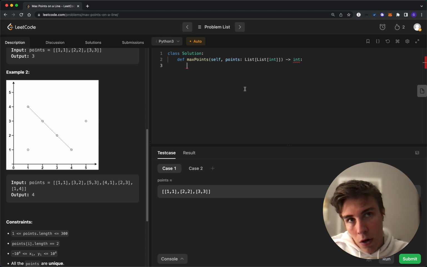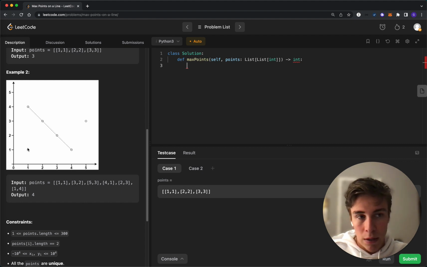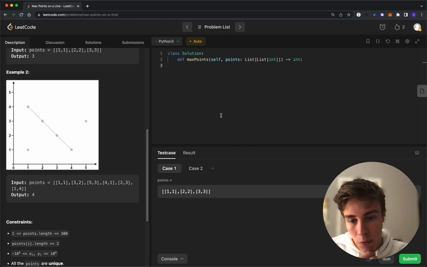The other sort of solution, well, I don't really know. Maybe this could be a sort of graph problem where each point is a node and the edge between those two nodes is this value, the slope and the intercept, m and b.